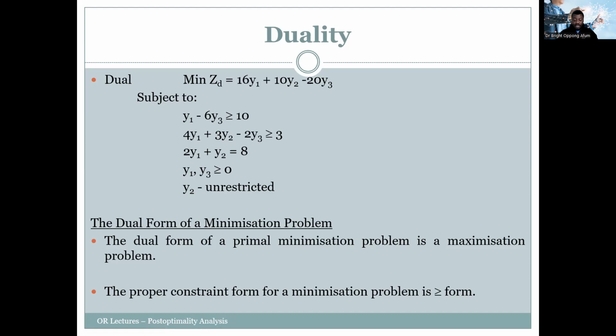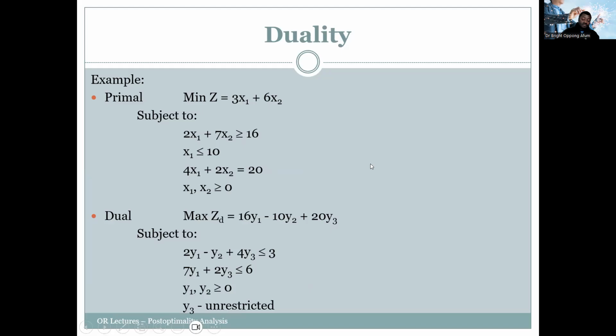The same thing applies to a minimization problem, right? A minimization problem always goes with the form of greater than or equal to constraints. So if we have a minimization problem, and we are minimizing this function, this is the normal form, which is correct, right? However, in this form, the constraint is less than or equal to.